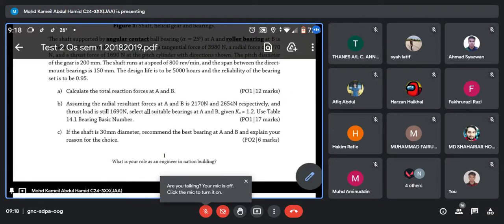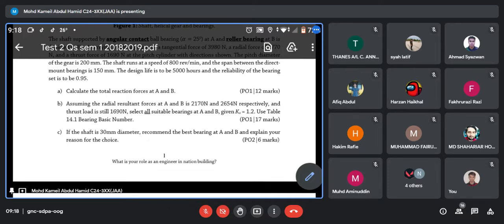Assuming the data A and B is 2170, dia bagi 2170.265 Newton. Password is 1690. Okay, so remember cari FT and FR dulu.